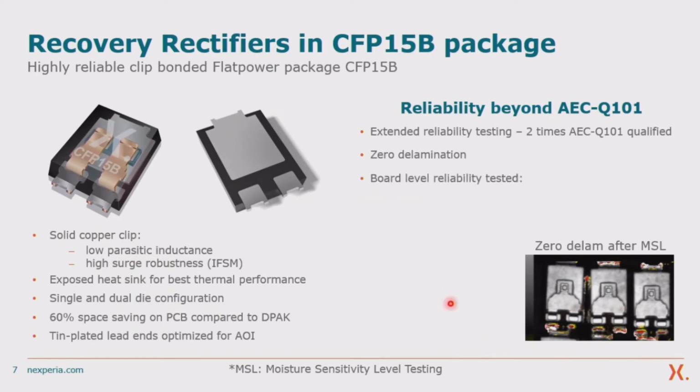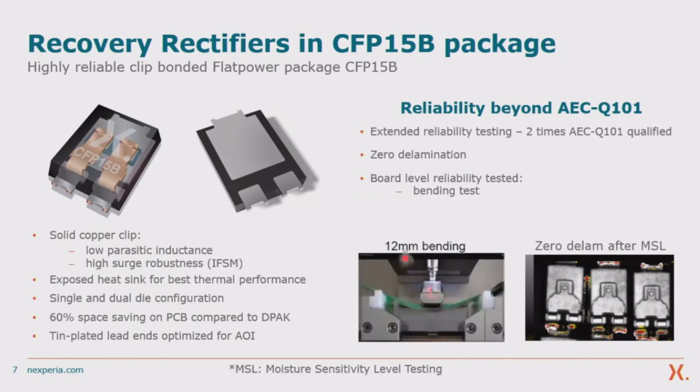The most important point is the board level reliability of this package. So CFP15B is fulfilling the board level reliability requirements of one of the major automotive customers. And that means we have done bending tests. As you can see here in this picture, the bending test, by the way, is also a bias test. So the devices are daisy chained and there's a bias and then the board is bent.